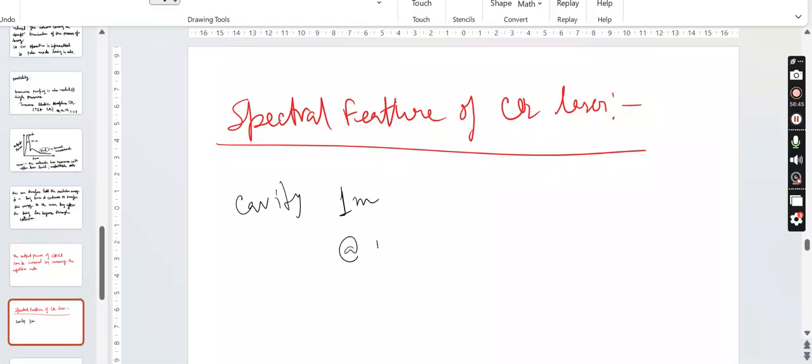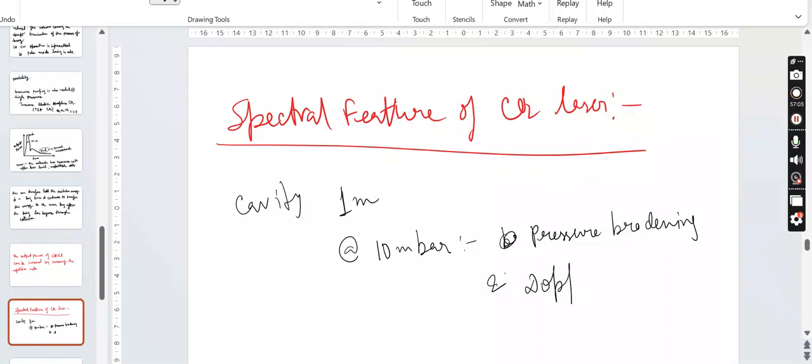So at 10 millibar pressure, pressure broadening and Doppler broadening are nearly same.